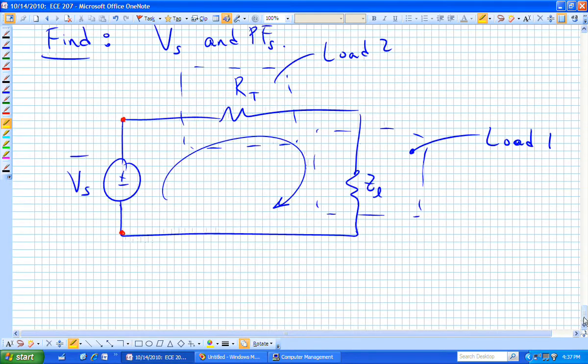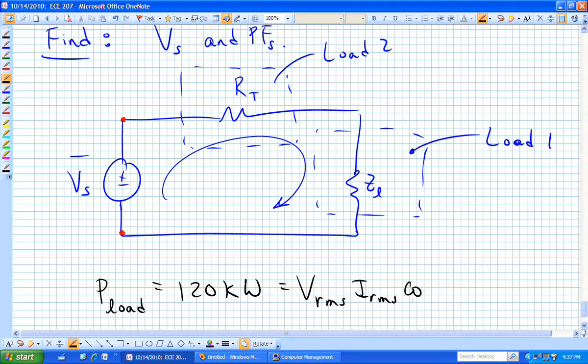Now is when I need to start remembering all of those relationships that I had before. P load I was given. That was 120 kilowatts. But that's V RMS, I RMS, cosine of theta load.